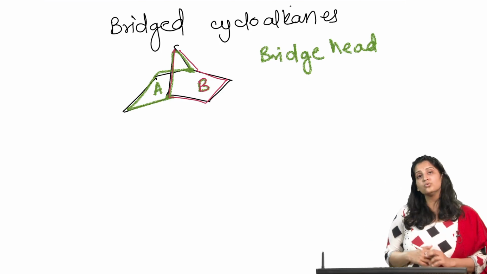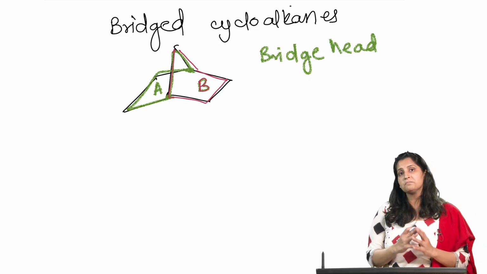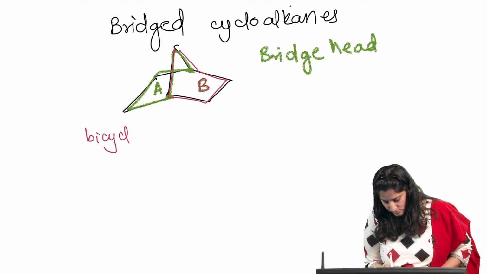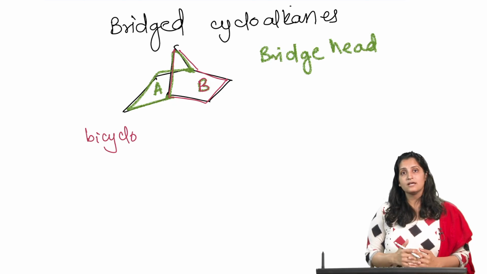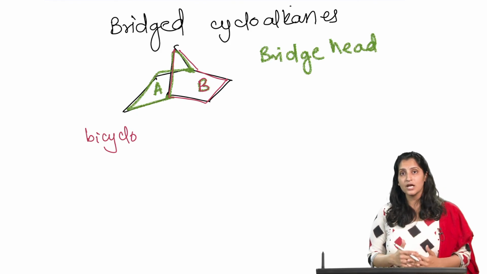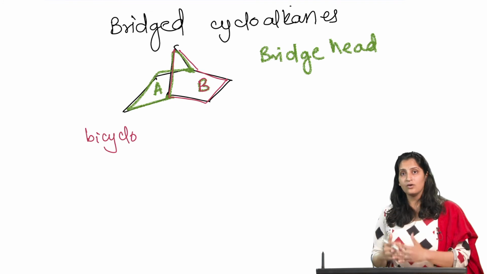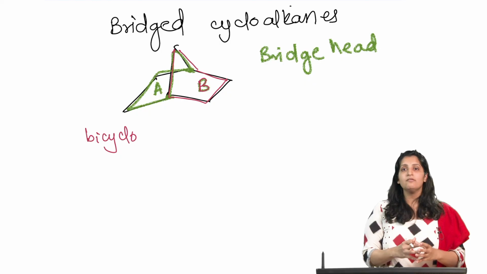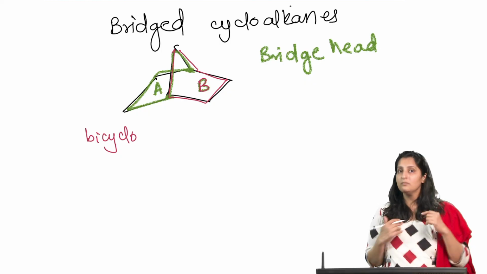Those are the two rings. We also use the prefix bicyclo. Now, in order to name these bicyclo compounds, I am going to count the number of carbons in each ring, ring A first, then ring B, and we exclude the carbons that are at the bridgehead.